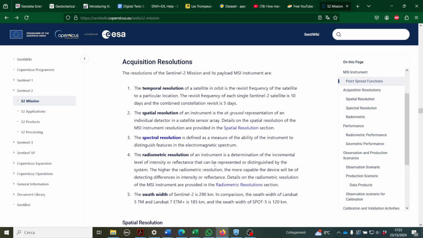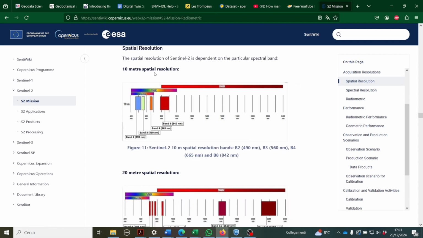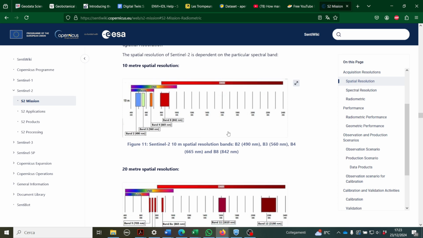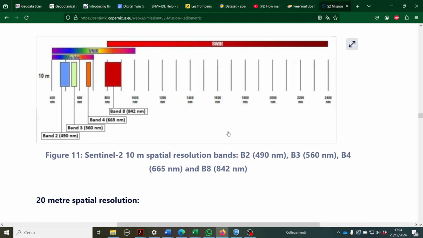Coming back to the radiometric resolution. The radiometric resolution is the registration of the incremental level of intensity or reflectance that is coming from the ground. If you go to the radiometric resolution part of these slides, let me check if it's working. Okay, this is the representation. Let me zoom in here.